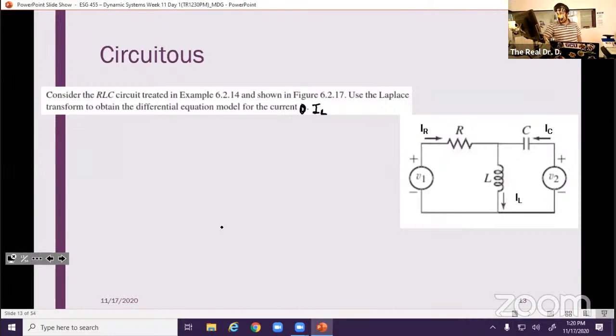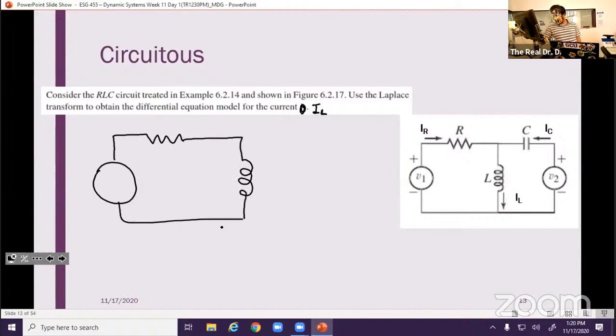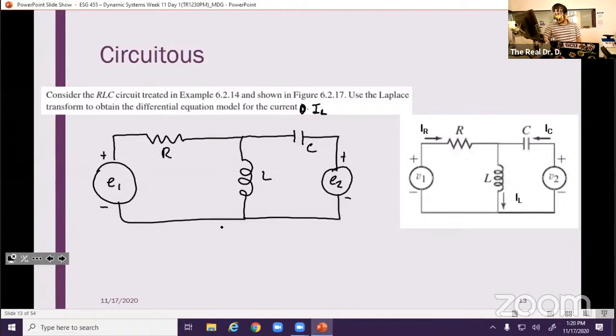Great. So where's my diagram? We'll draw a new one because we should always draw a new one and annotate it. And so here's E2, E1. We'll call this I sub R, I sub L, I sub C. Oh, hey, remember we've got a node here.